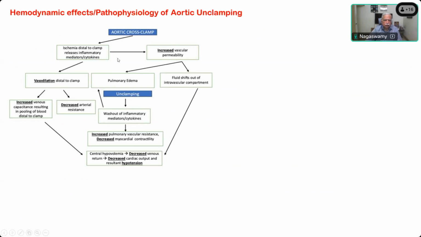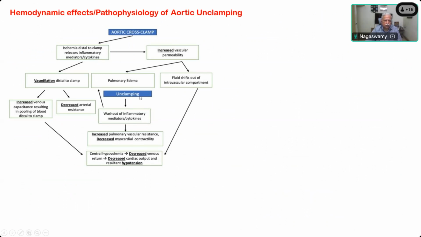All these things can happen during clamping, but once you do the unclamping, there is washout of inflammatory mediators from the anaerobic metabolism that has been going on in the areas, and increased pulmonary vascular resistance, decreased myocardial contractility by these washed out mediators, which causes central hypovolemia, decrease in venous return, decrease in cardiac output, and hypotension.